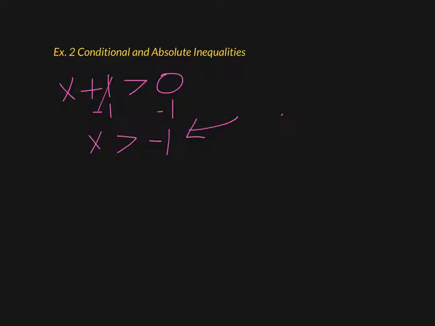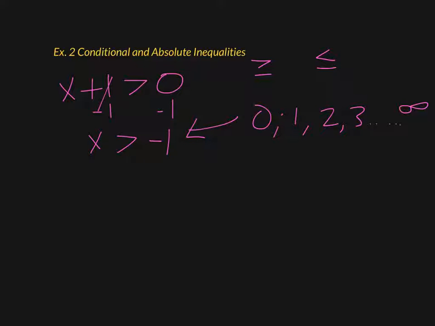You guys should remember these signs, greater than or equal to, less than or equal to. But in this case, it can't be negative 1, so we could plug in 0, we could plug in 1, 2, 3, all the way up to infinity. Any of that would be greater than negative 1. Whereas if you're solving an equation, it would just be x equals negative 1.